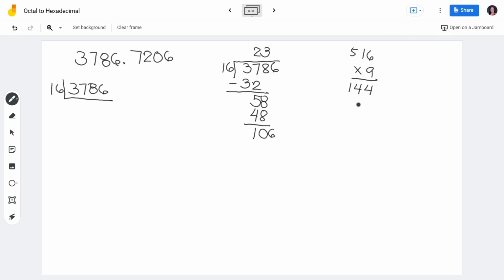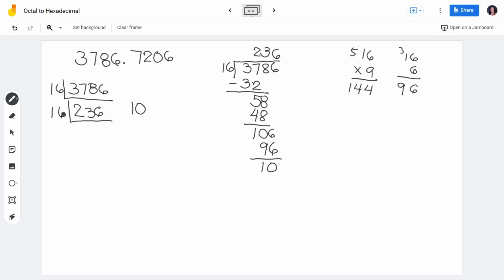Okay, it's too big. Let's try 16 times 6. So we have 96. So this will be 6. So the answer is 236 remainder 10.